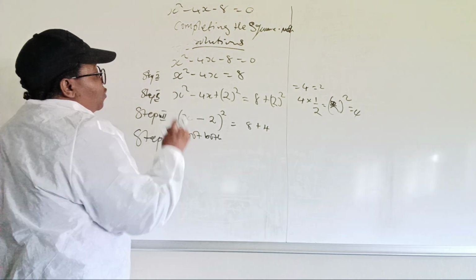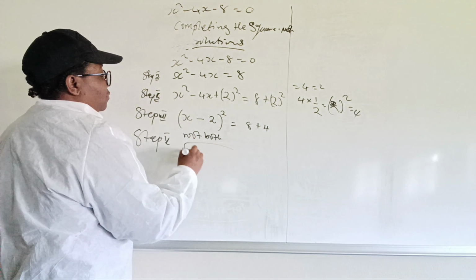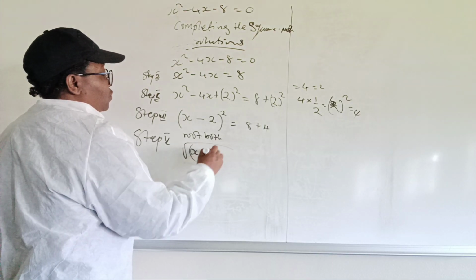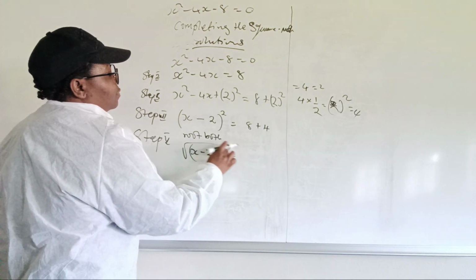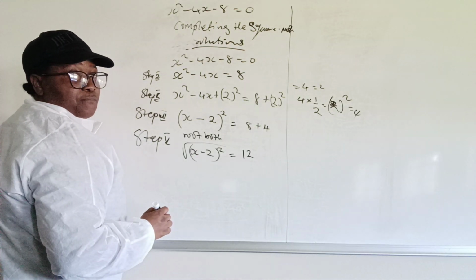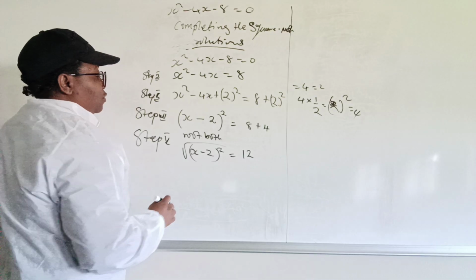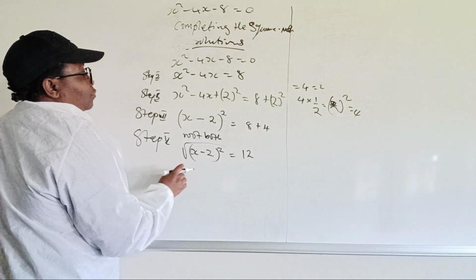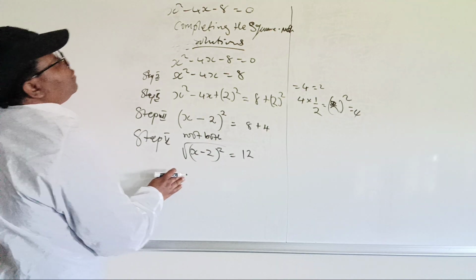Now, so what do we do? x minus 2, squared, is equal to 4 plus 8, this will give us what? 12. Is that correct? Good.